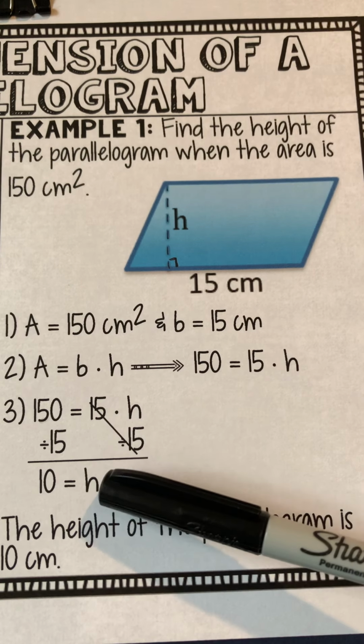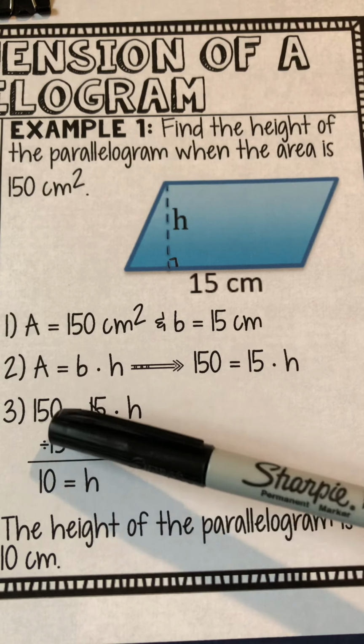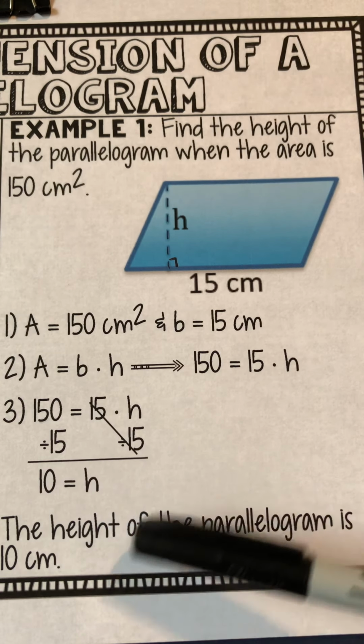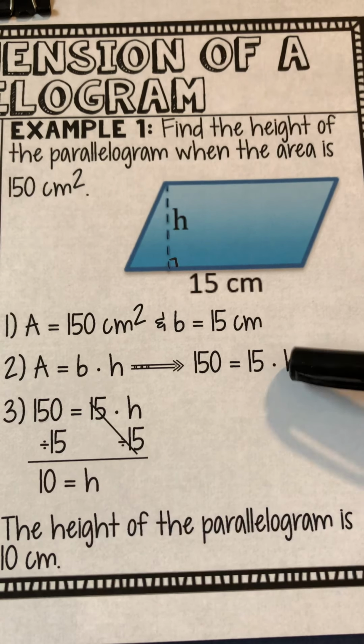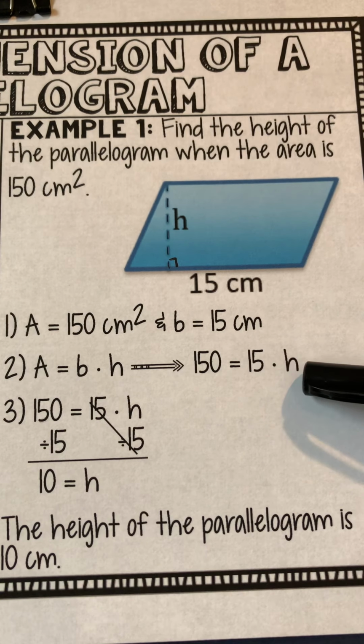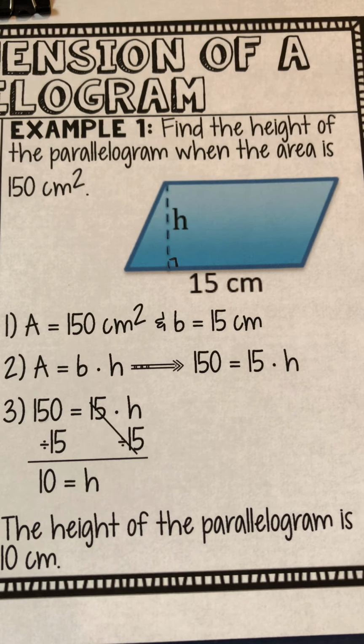We need to isolate the variable. In this case, it's the height. We're solving for the height. So 150 divided by 15 is 10. The height of this parallelogram is 10 centimeters. Obviously, if we went back and substituted and checked it, we would substitute in the 10 for the height and do 15 times 10, which is 150, and 150 would be equal to 150.